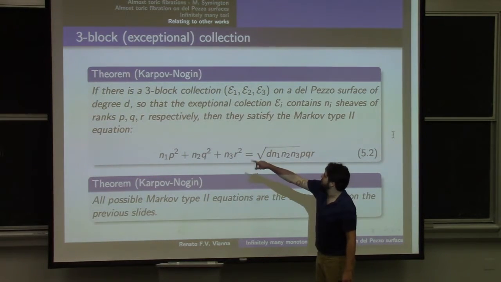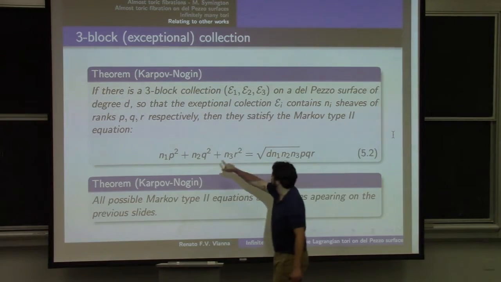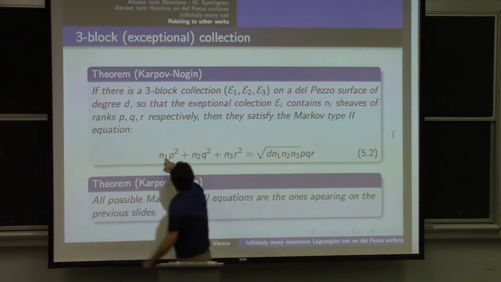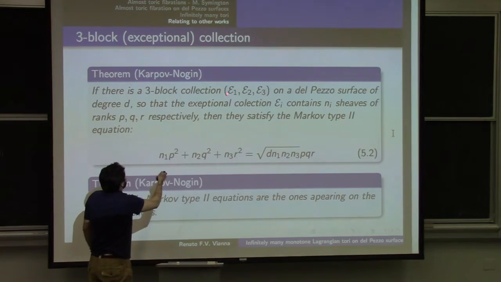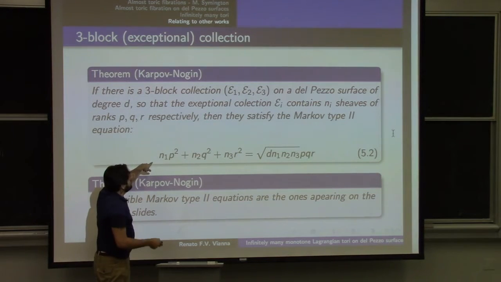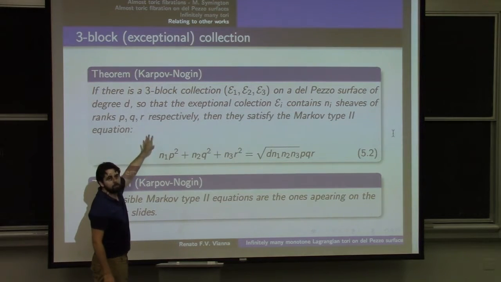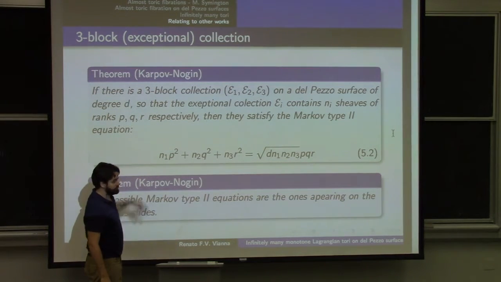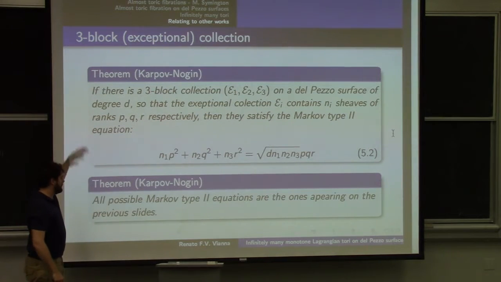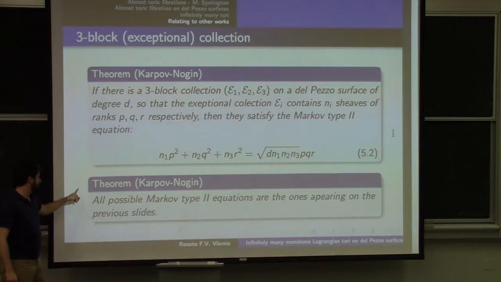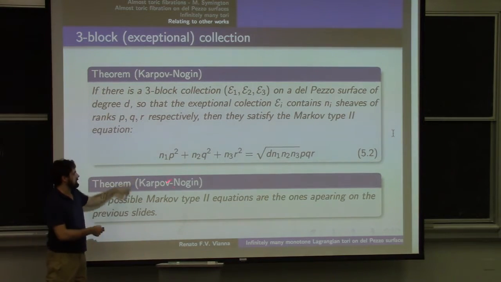So if they have ranks P, Q, and R, and N1, N2, and N3 describe the number of sheaves that I have in the collections E1, E2, and E3, then they must satisfy this Markov-type equation, I actually call it Markov type 1 equation, there is a type 2, of this form. And these are precisely all the PQR equations that I got with my almost toric polytopes. And they also prove that these are all the equations that could appear that could have some solution.